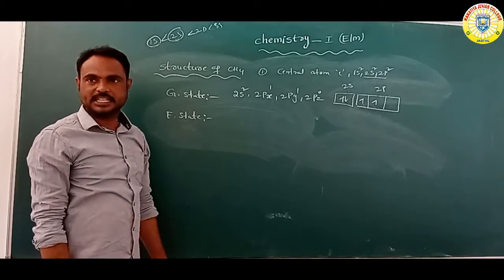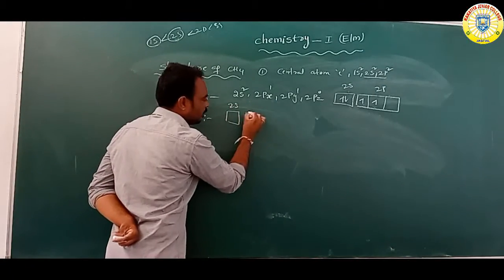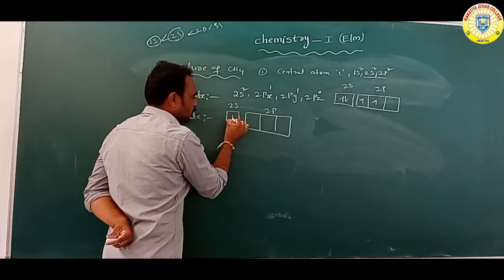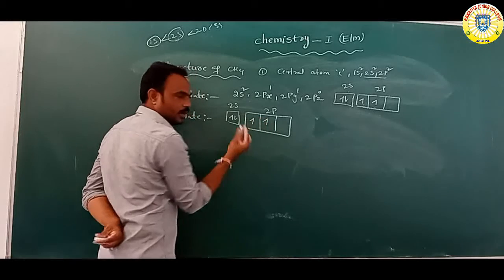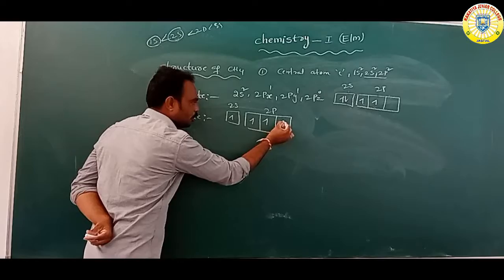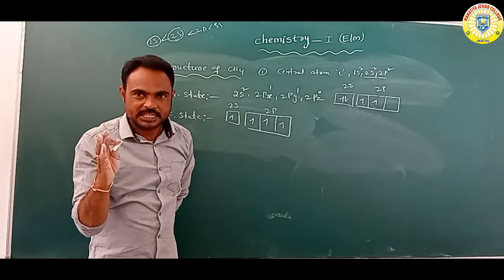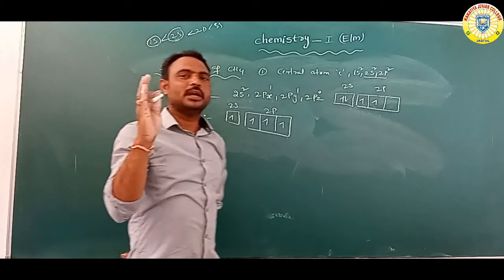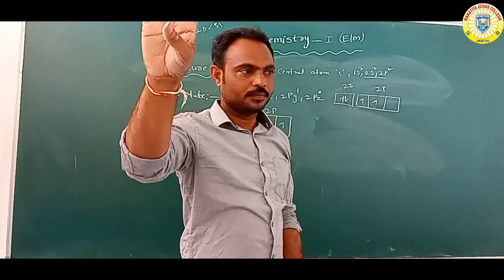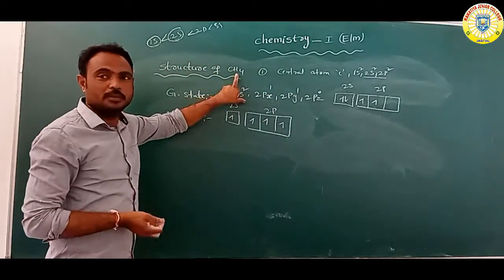In the excited state, 2s has 2 electrons and 2p has 1, 1, so one electron of the lower energy shell has jumped to the higher energy shell. In the excited state, the carbon atom contains how many single electrons? 4 single electrons. How is methane formed?